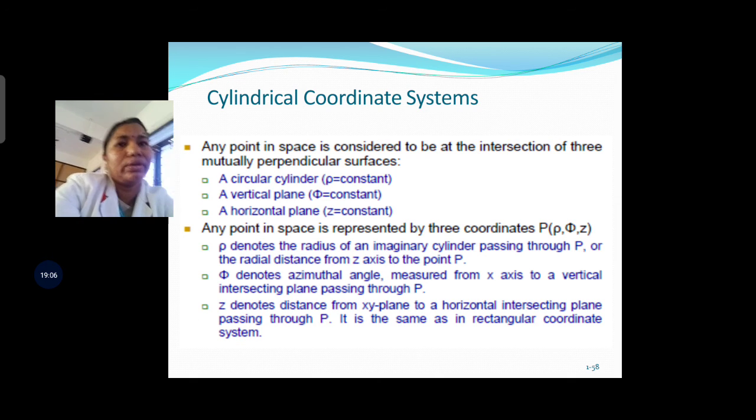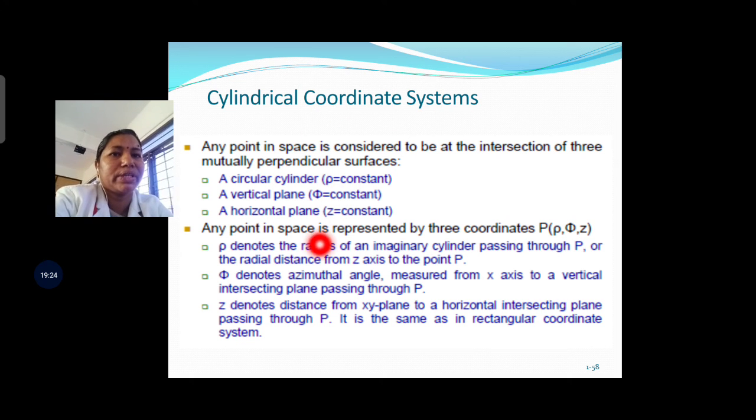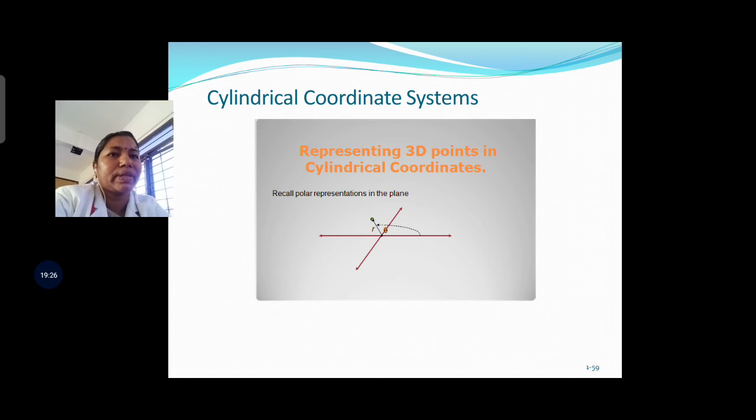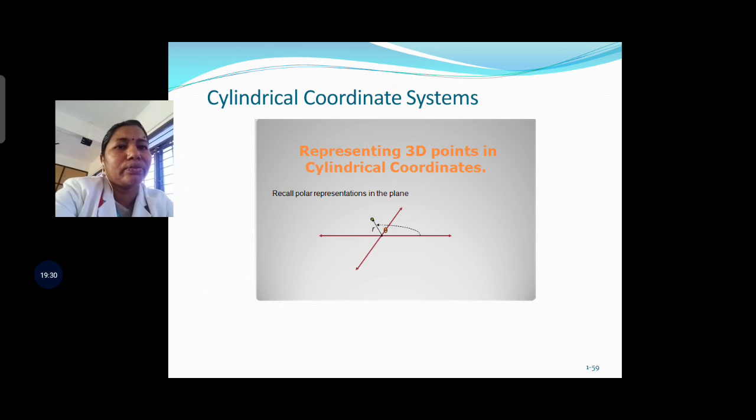So the next one is the cylindrical coordinate system. In the cylindrical coordinate system, any point in space is considered to be at the intersection of three mutually perpendicular surfaces. So in cylindrical coordinates we use rho, phi, z.